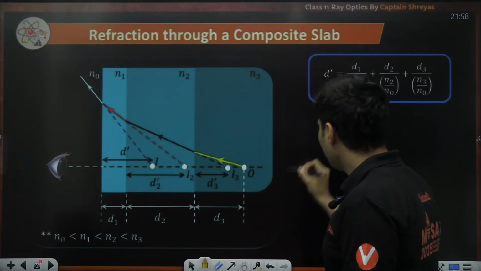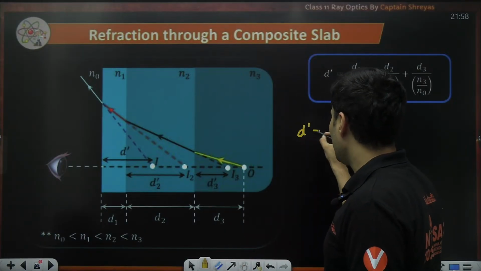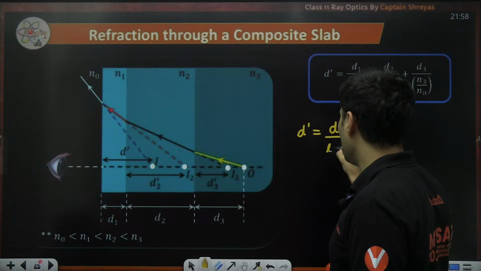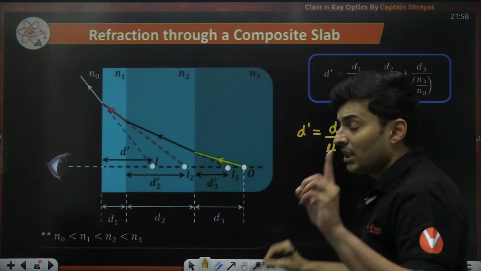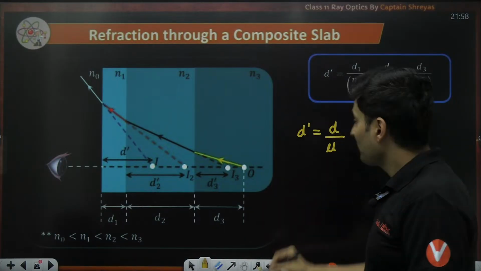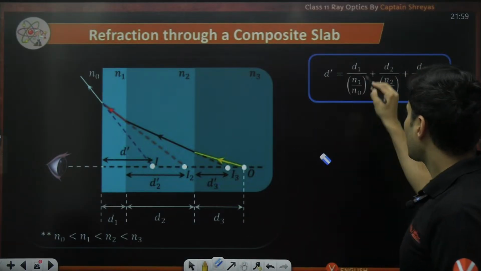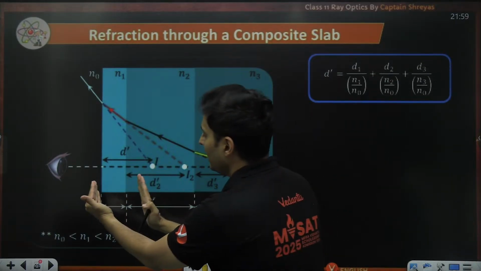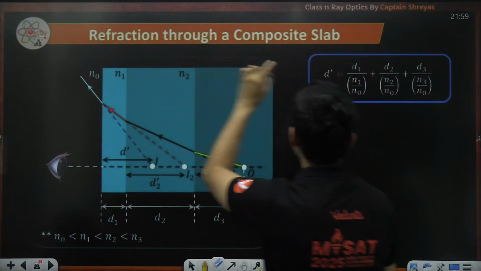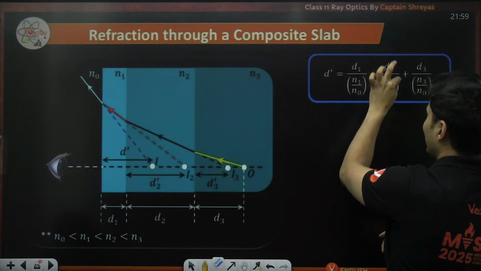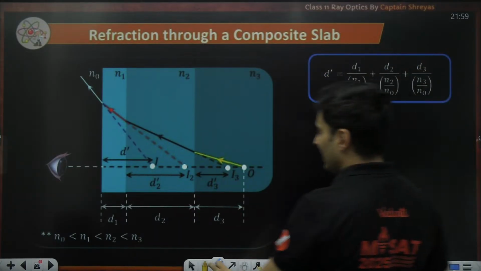Now, usually our apparent depth used to be actual depth by mu. But since there are multiple layers, there will be multiple terms here. It will be first depth into that refractive index plus second depth into second refractive index, like that.